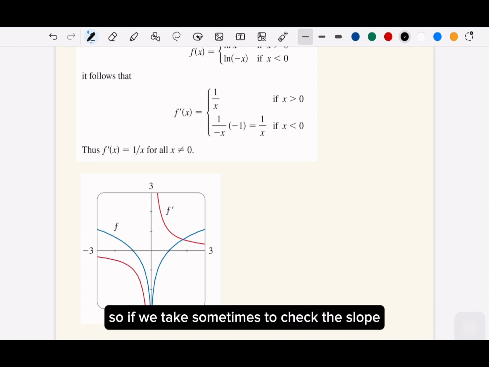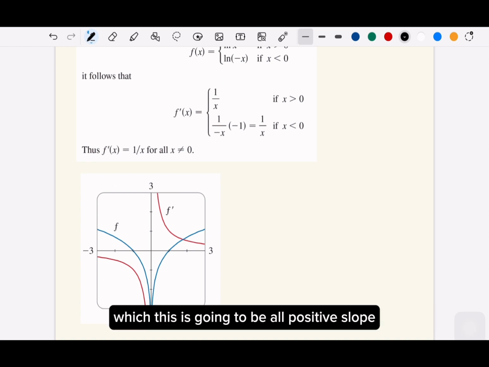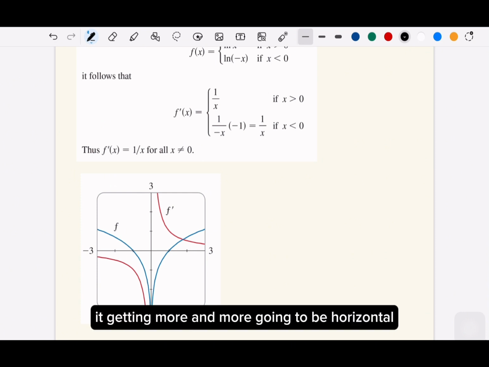Sometimes we check the slope. If you check the slope here, it is all positive slope, right? But you see that it becomes a little bit nearer to horizontal. It's getting more and more horizontal, which means the slope value is decreasing, but still all positive, right?